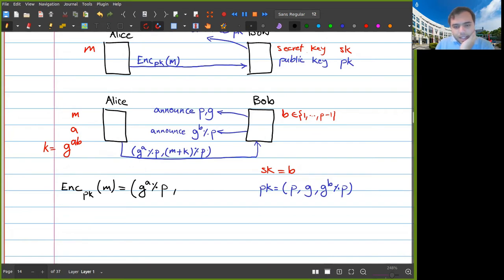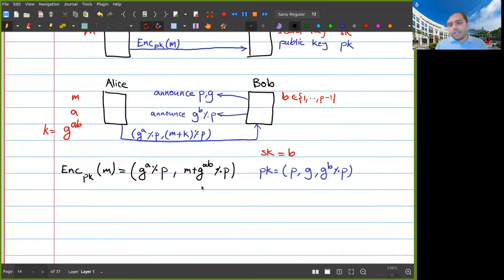And the second number is M plus K, where K was this G to the power of AB, so I can just write it like this, M plus G to the power of AB, also modulo P. And of course, this encryption function is also assuming that Alice is generating some A for herself and keeping that secret. Okay? So this is how we do encryption.